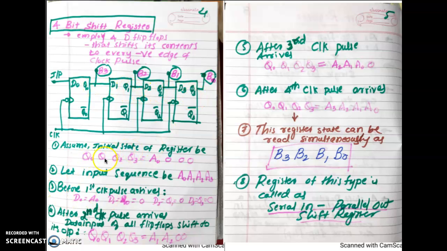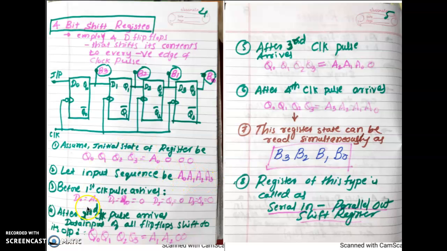Let us assume Q0 is A0, Q1 is 0, Q2 is 0, and Q3 is also 0. So initially only the first flip-flop has A0, and all other flip-flops are in the 0 state. Now we feed at the input the sequence A0, A1, A2, A3.